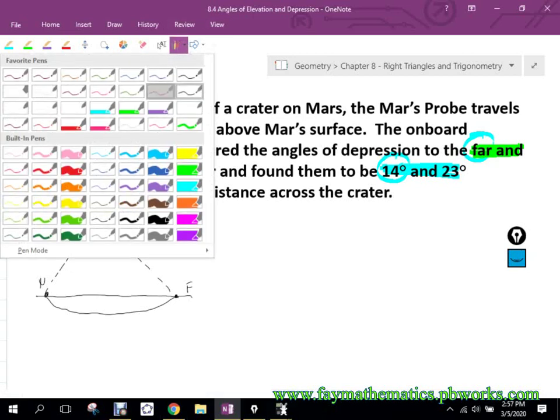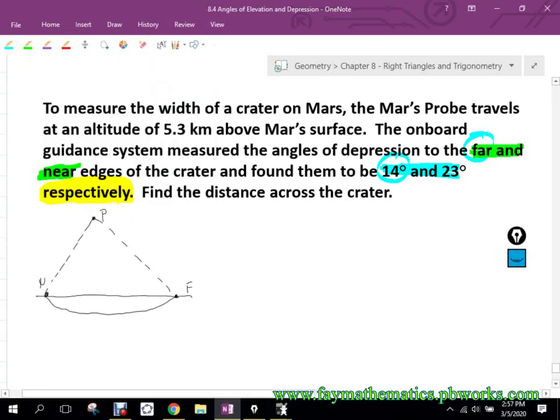You have a line of sight, and lines of sight along with a horizontal are going to provide your angles of depression. So the near is going to be 23 degrees and the far is going to be 14 degrees. Does that make sense to everybody? So those are the two angles.